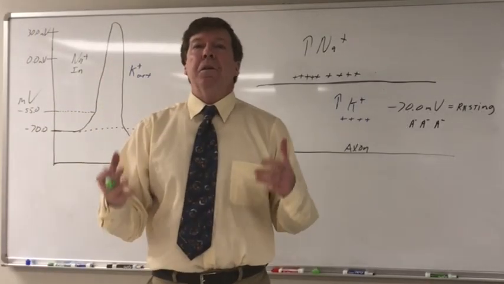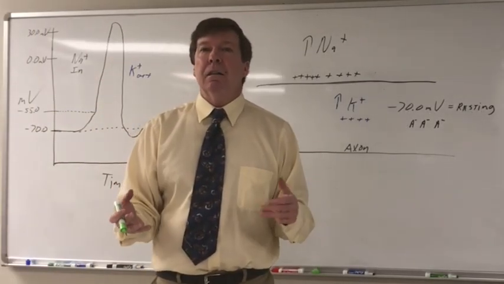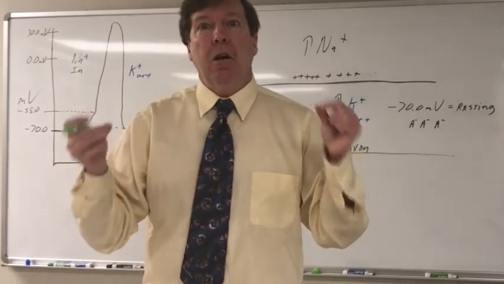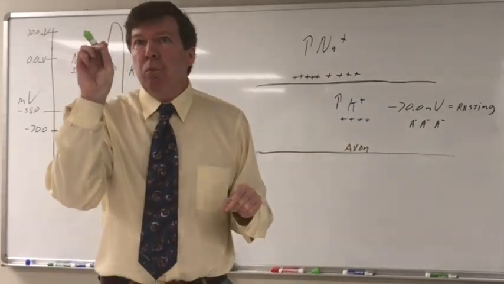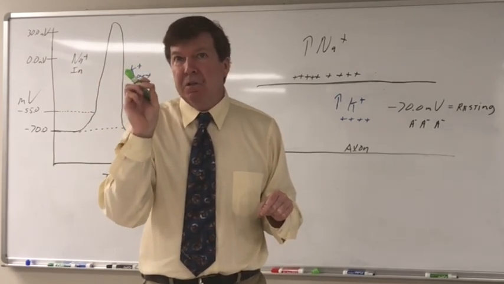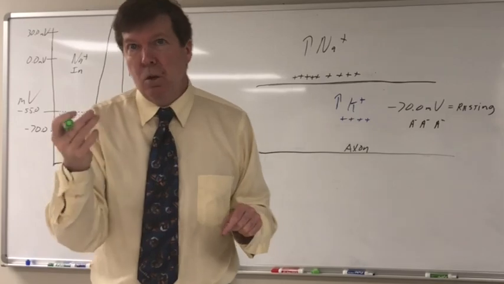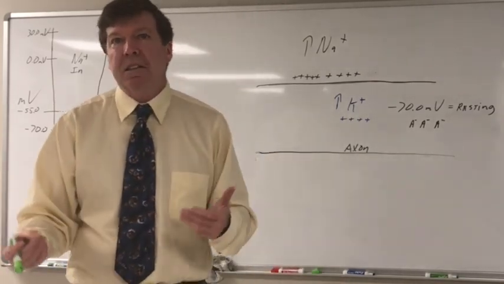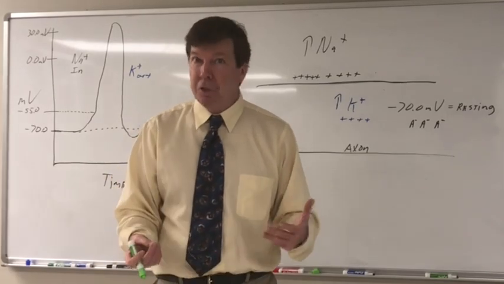All right, so the effect of a drug, let's call it drug Y. And if that effect is to increase the permeability of Cl- so that, let's say, more Cl- are going to enter the nerve cell or the axon, what effect is that going to have on excitability of the nerve?